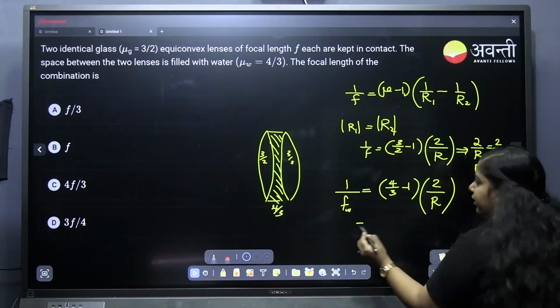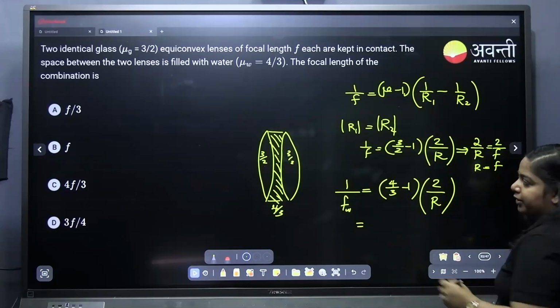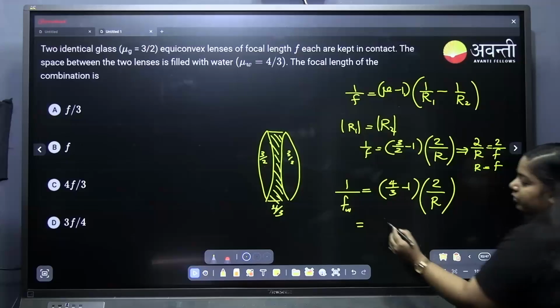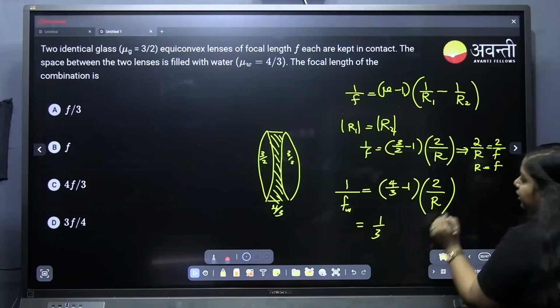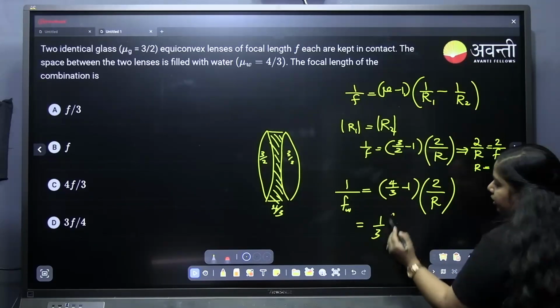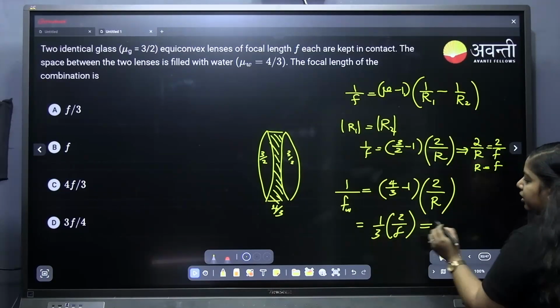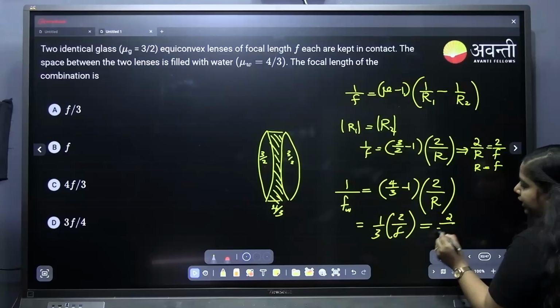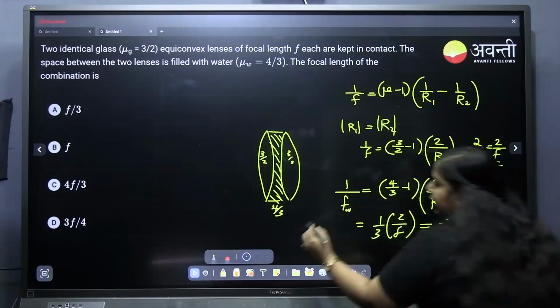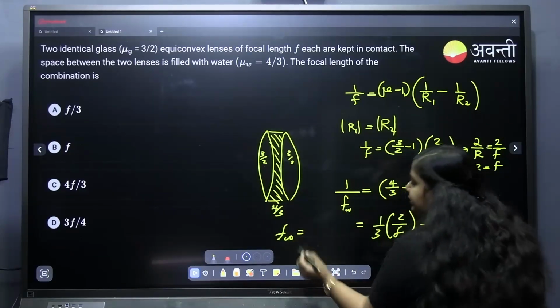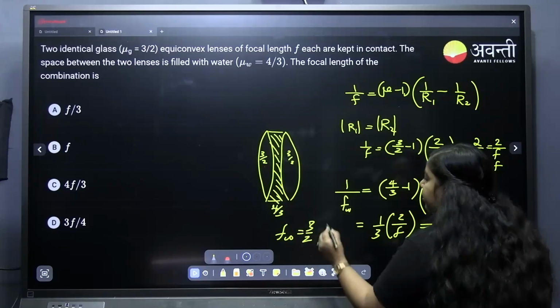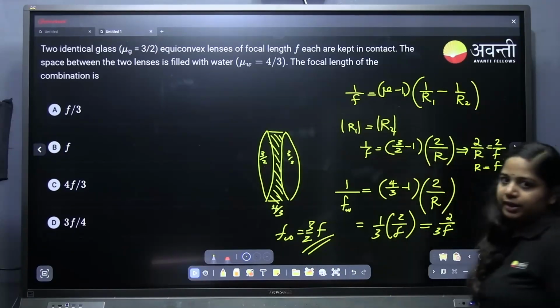Substitute it here: 4 by 3 minus 1 is 1 by 3, and 2 by R equal to 2 by f. From this we will get 2 by 3f, so the focal length of the water lens is equal to 3 by 2f.